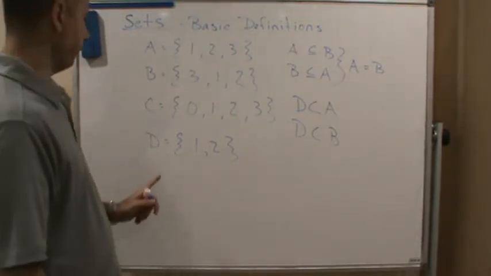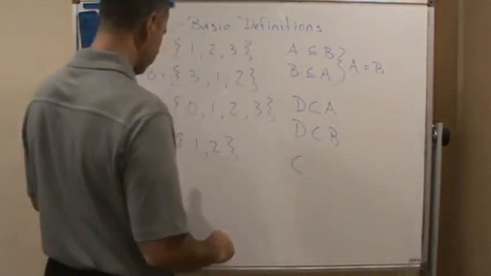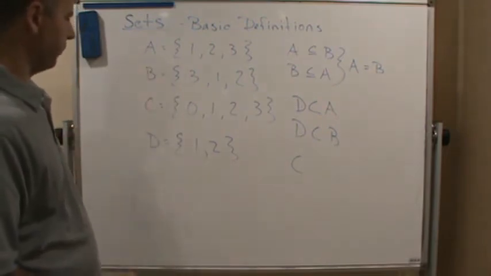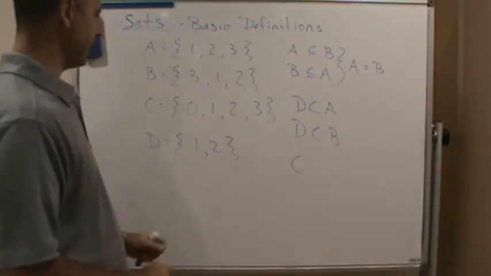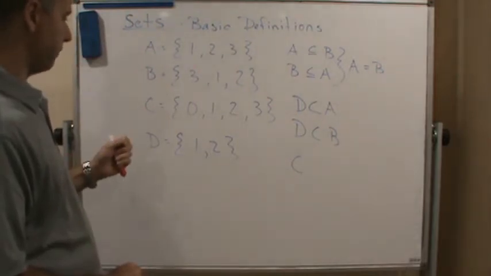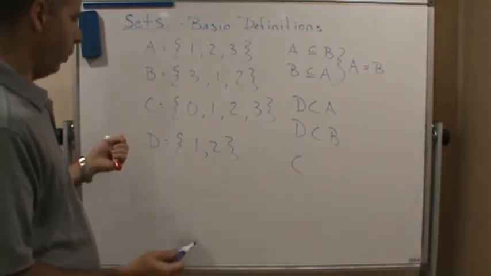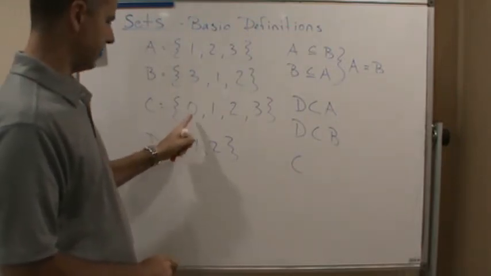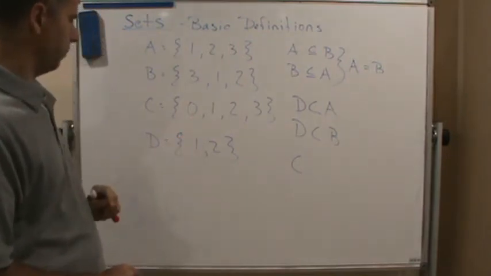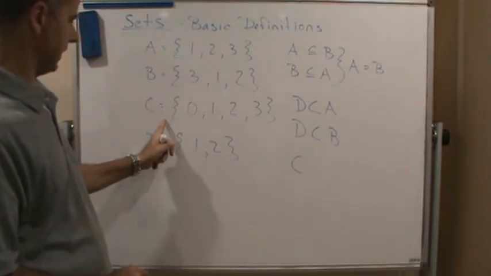Now, C. If we compare C and A, we would say C is not a subset of A, it's not a subset of B, it's not a subset of D. Why is that? Well, because it has this extra element 0, right? But B is a subset of C, though.